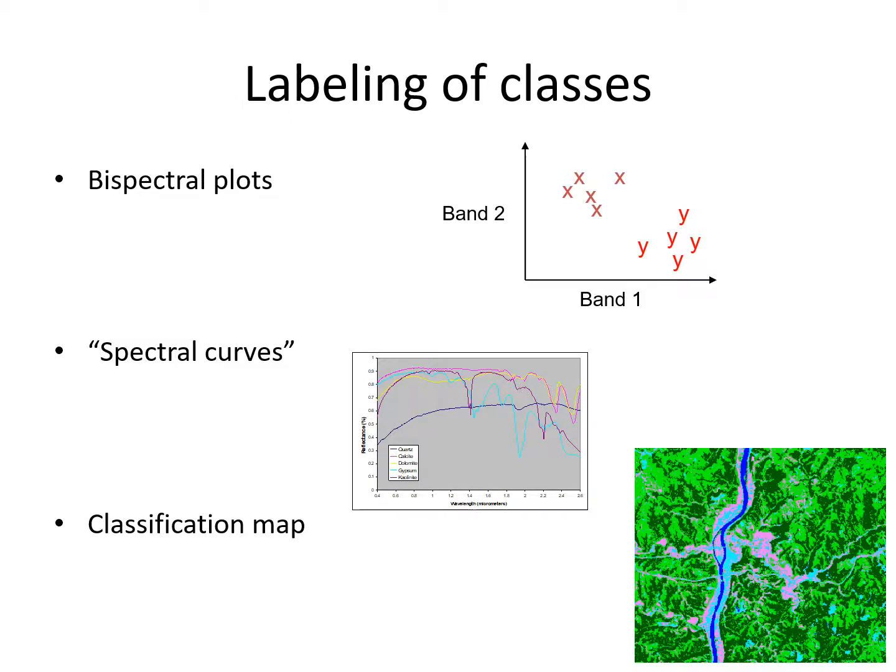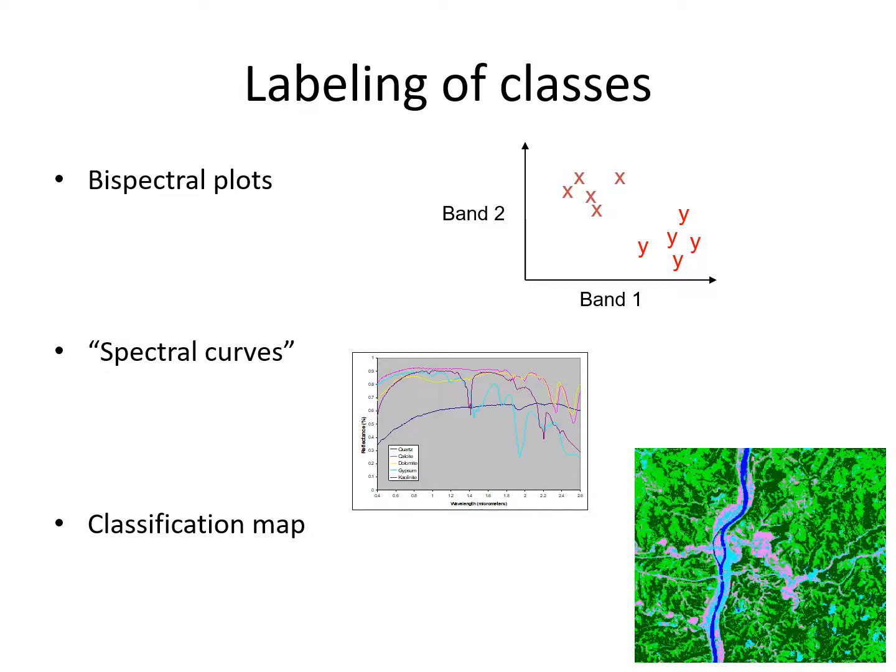Labeling of classes, here's some things we can look at here, what goes into this. This bispectral plot is a good example of how you can imagine that line separating the two different classes of things. You can look at it across the entire spectrum and think of it in terms of the individual wavelengths, and how in this example here we're looking at quartz and dolomite and gypsum and kaolin clays and how they signature across multiple wavelengths, or you can have classification maps.